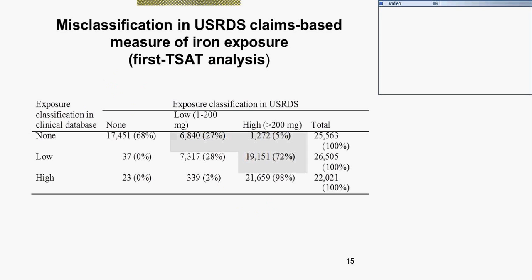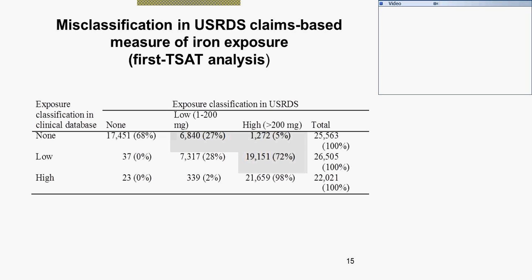This is quite interesting, I think, and it has relevance beyond the dialysis population. We see that the two exposure measures aren't very congruent. In fact, often when patients have a low dose of iron in the DaVita data, they have a high dose of iron as assessed in the administrative data.